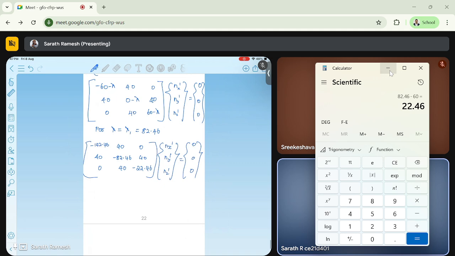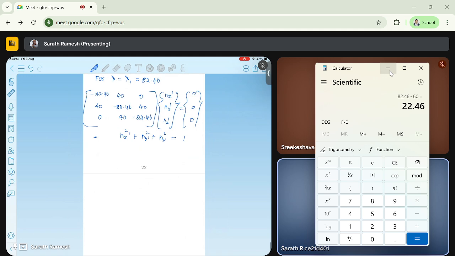Now, when we solve this, we'll get three equations, three unknowns. So solving that, we will get the x component, y component, and z component. They also have to satisfy one more condition: nx1 square plus ny1 square plus nz1 square should be equal to 1. This is another condition we have to impose on the planes.